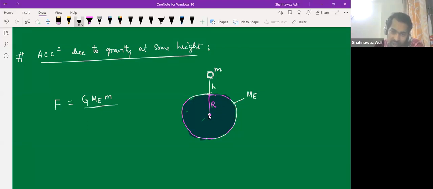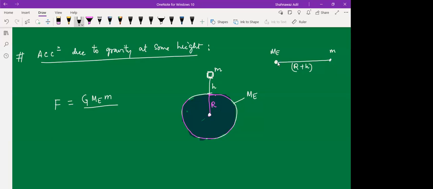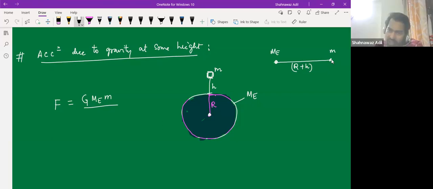So all the mass would be situated at this point. This is because Newton's law of gravitation is applicable only for point masses. This is the separation between them, so this will feel the separation, not only this h. So what would be in here?